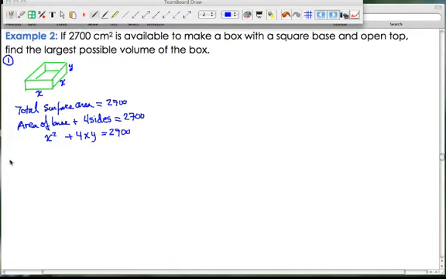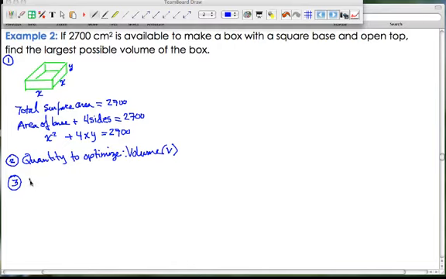Our second step is to identify the quantity that we want to optimize. In this case, we want to find the largest possible volume, so we want to maximize volume. The third step is to express the quantity that we want to maximize, let's call it volume V, in terms of the variables that we have defined.